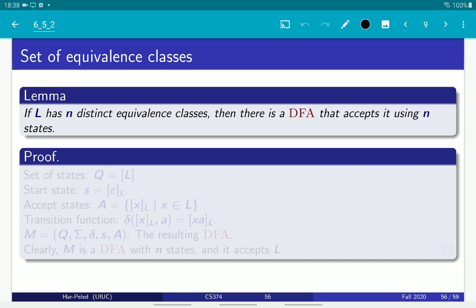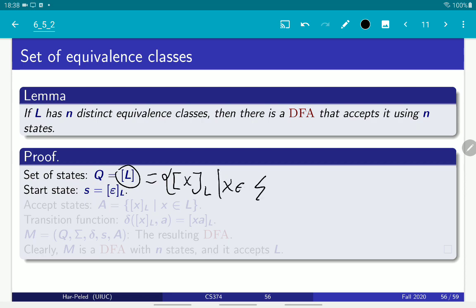The definition of this DFA is somewhat abstract, but it's surprisingly simple. First, the set of states is just going to be all the equivalence classes of L, the classes [x]_L for x in Sigma star. Every equivalence class is going to be one state.